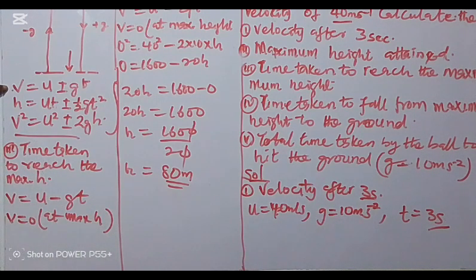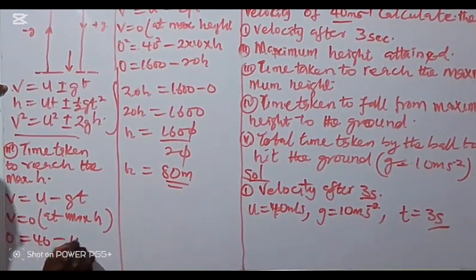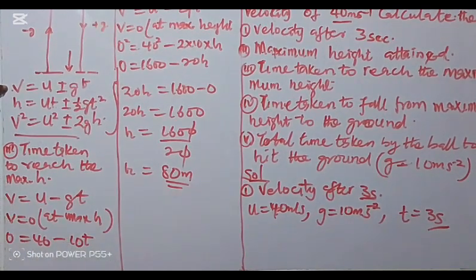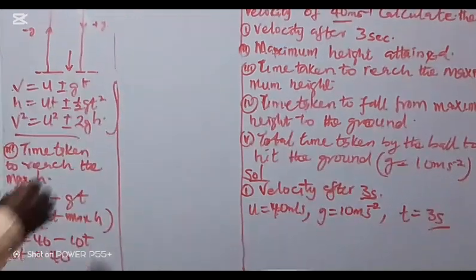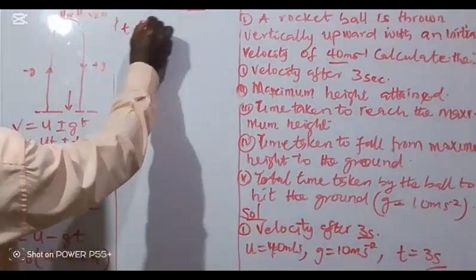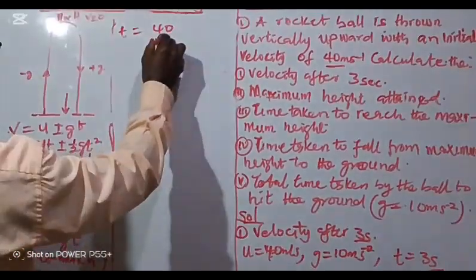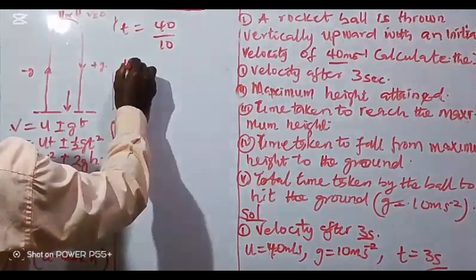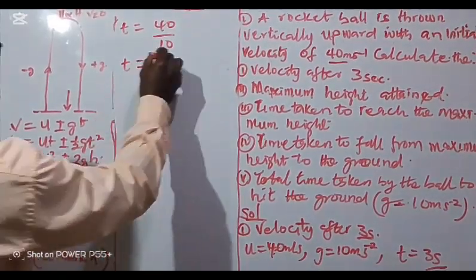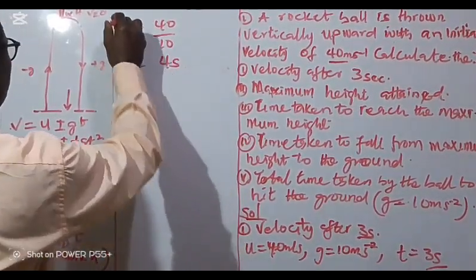If V is equal to 0 now, and U is given, so we can now have 0 is equal to 40 minus 10t. Therefore, our 10t will be equal to 40. So from there, t will now be equal to 40 divided by 10. Therefore, time to reach the maximum height will be equal to 4 seconds.